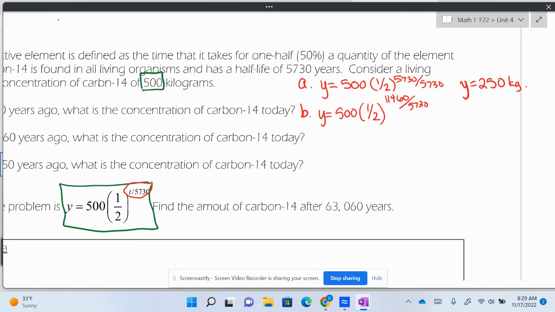Well, what is 11,460 divided by 5,730? That's 2. So y equals 500 times 1/2 to the second power. Well, 1/2 times 1/2 is 1/4, and 1/4 of 500 is 125.